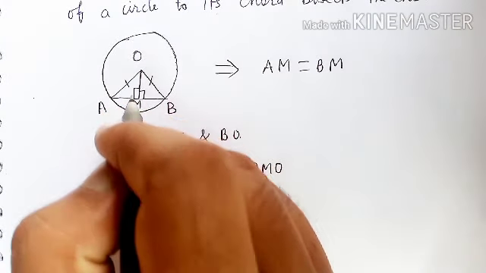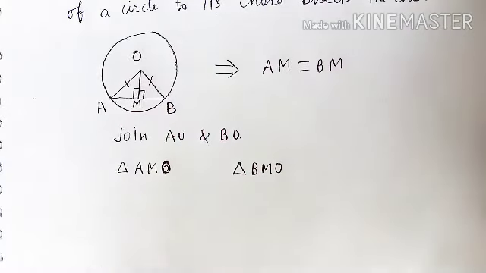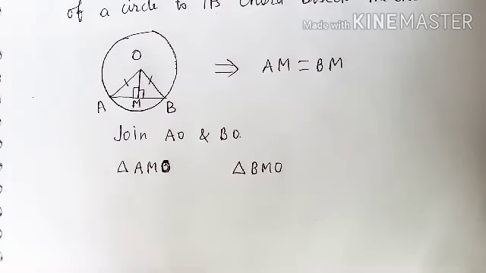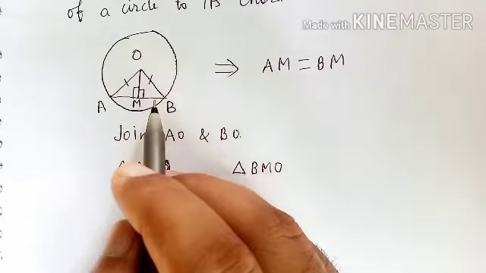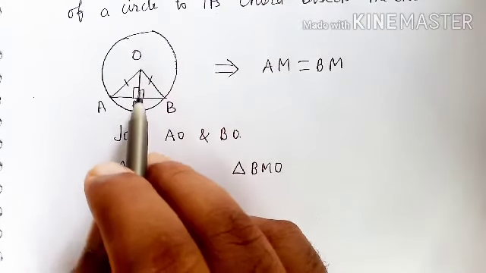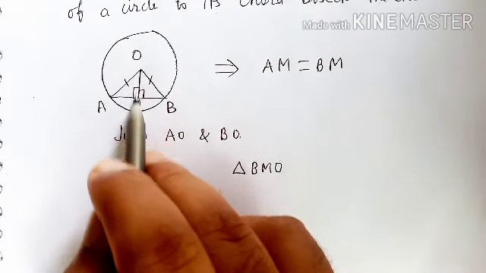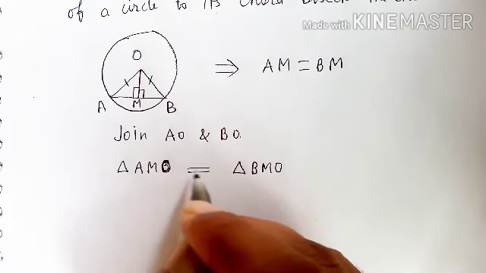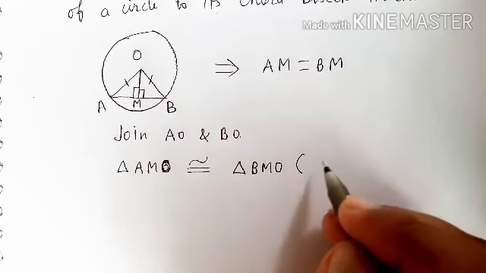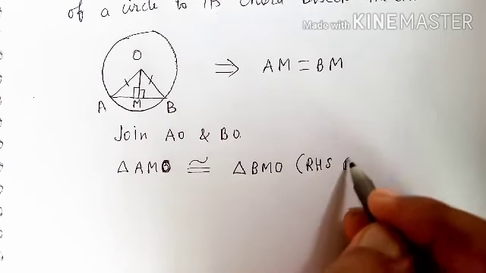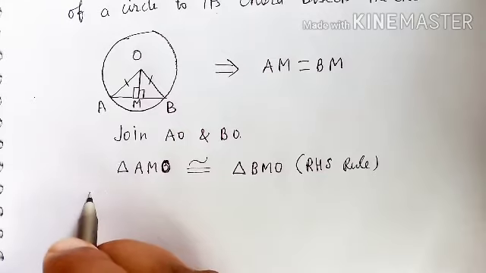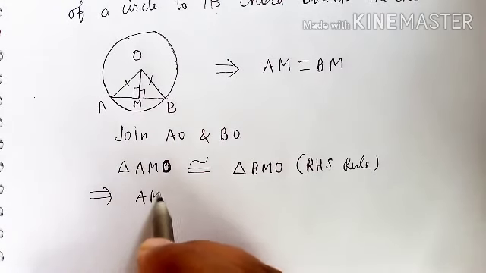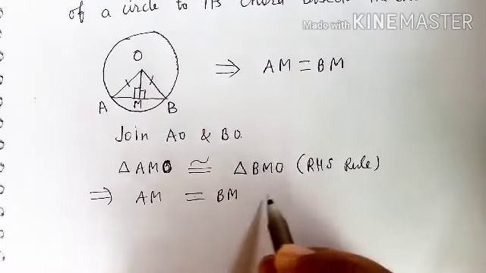Angle AMO is equal to angle BMO, right angle. So these two triangles are right triangles, and in right triangles we can apply RHS congruency. So we have hypotenuse equal and OM side common. So triangle AMO is congruent to triangle BMO by RHS rule. This implies that AM is equal to BM by CPCT.